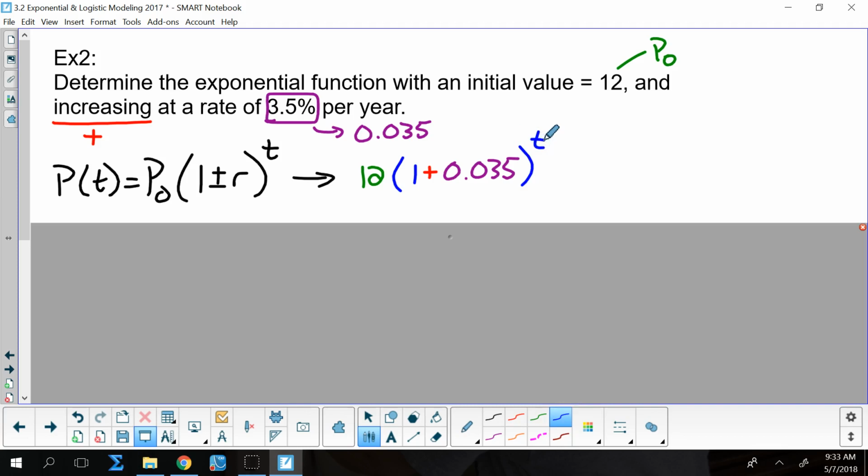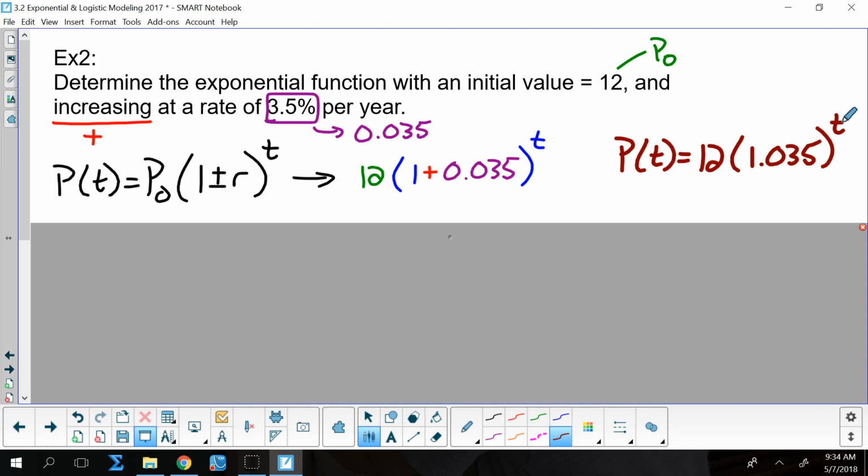So my P of t would end up being 12 times 1.035 to the t power when it's written out nice and condensed, and then we don't have to do any extra work. Based off of that function, what would the population be, let's say, 28 years, or 28 time units later?